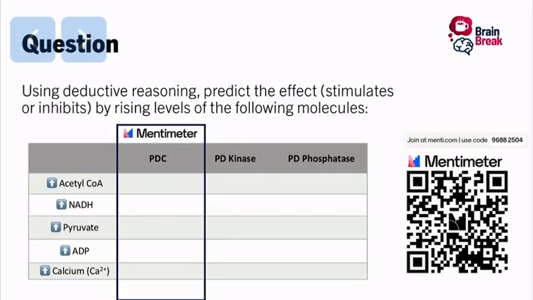So I want you to think about this. I'm going to put this down to you. Use some deductive reasoning. Predict the effect, either stimulating or inhibiting these processes, these enzymes. So what is going to happen when there's lots of acetyl-CoA, NADH, pyruvate, ADP, or calcium within the cell? What impact is it going to have on that pyruvate dehydrogenase complex? And then likewise, what's happening to PD kinase and PD phosphatase?